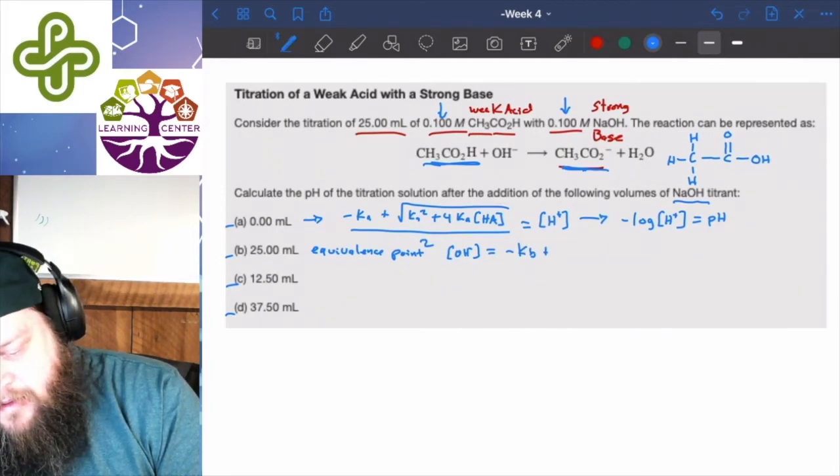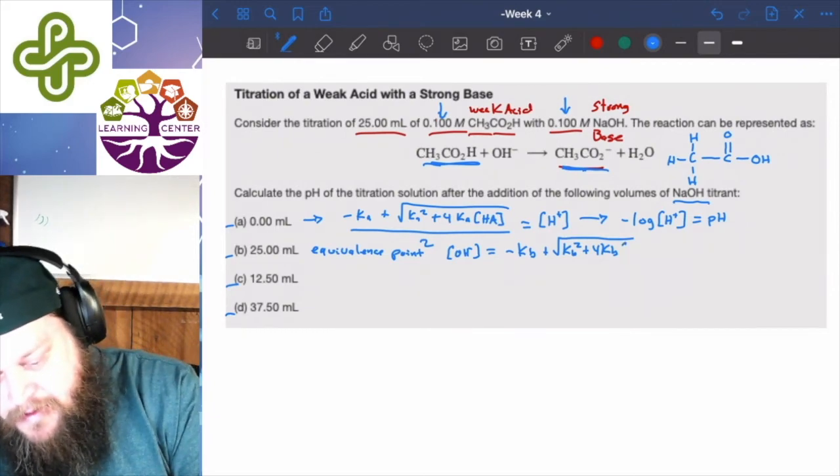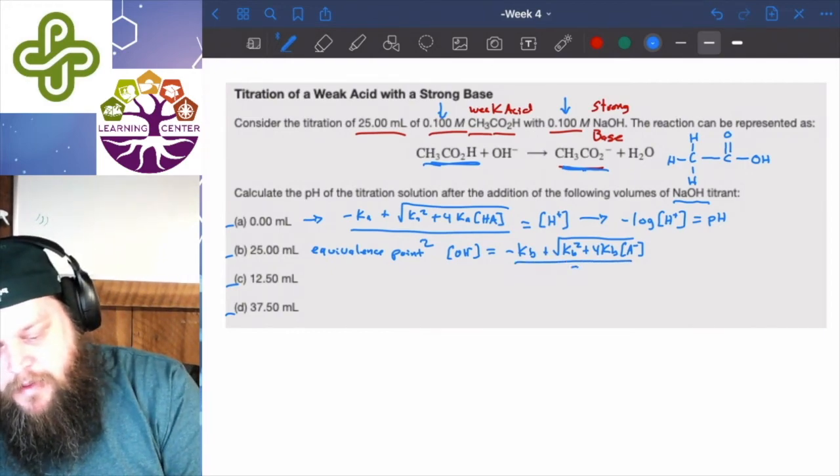Exactly. And we're looking at Kb squared plus 4 Kb times now the concentration of that conjugate base, A minus, in there, all divided by 2.